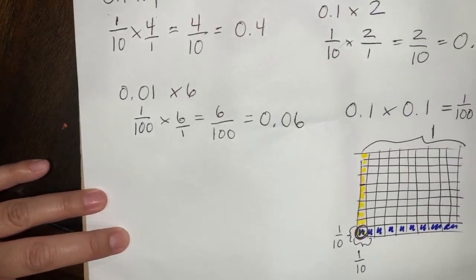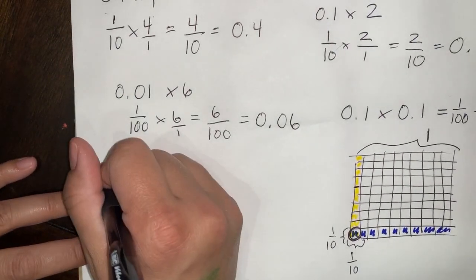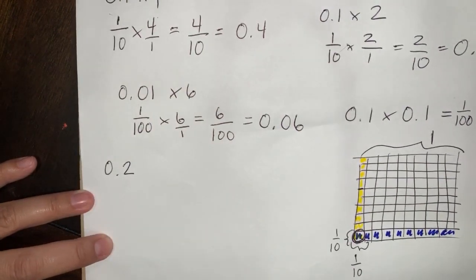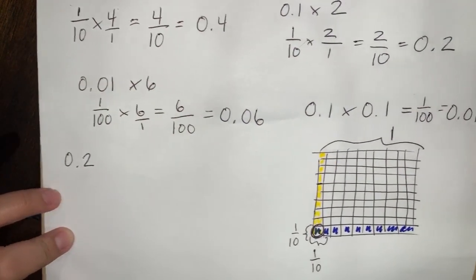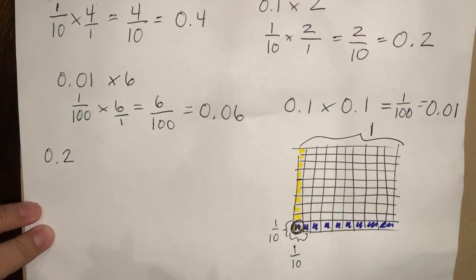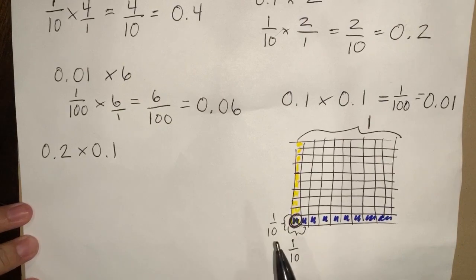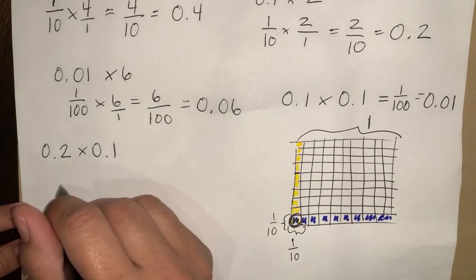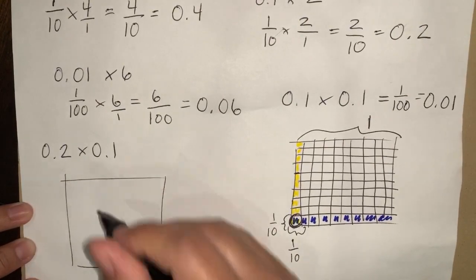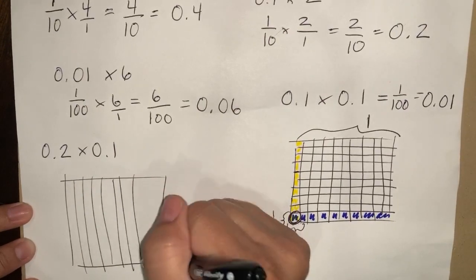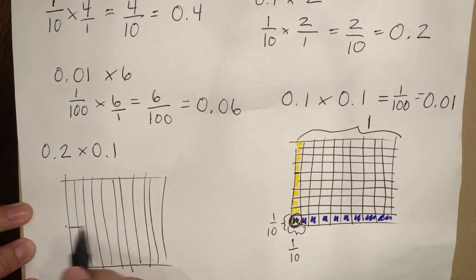All right, next one will be 0.2. Check, make sure you guys can see this. Okay, 0.2 times 0.1. Same thing, we'll draw out our square, we'll get it into hundredths, cut it in half.